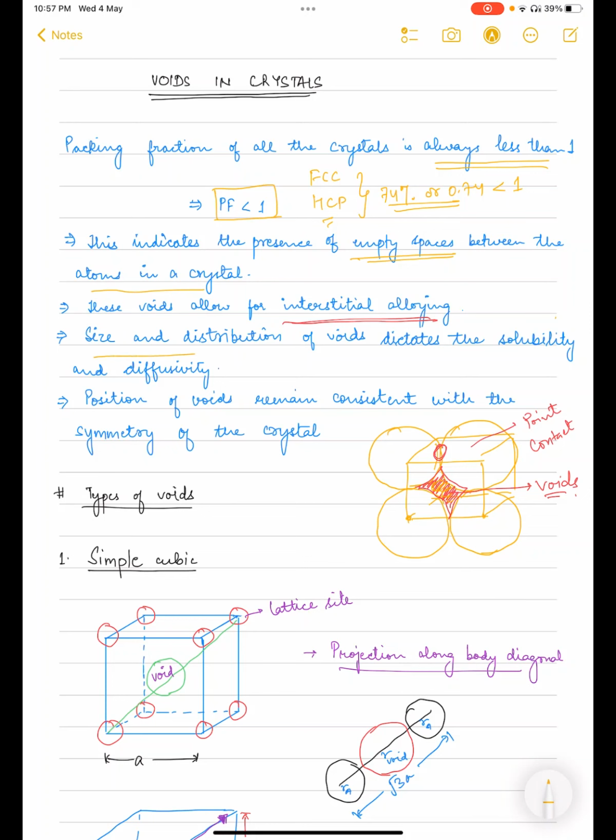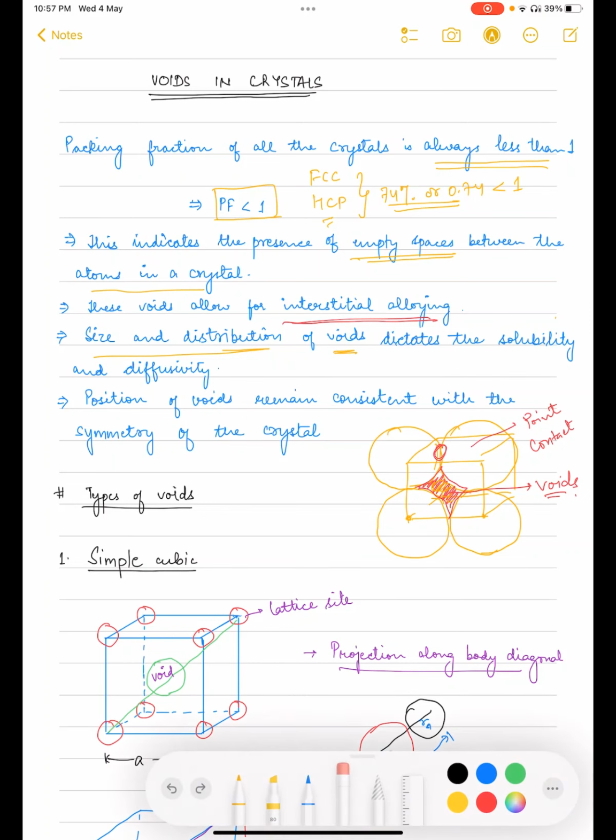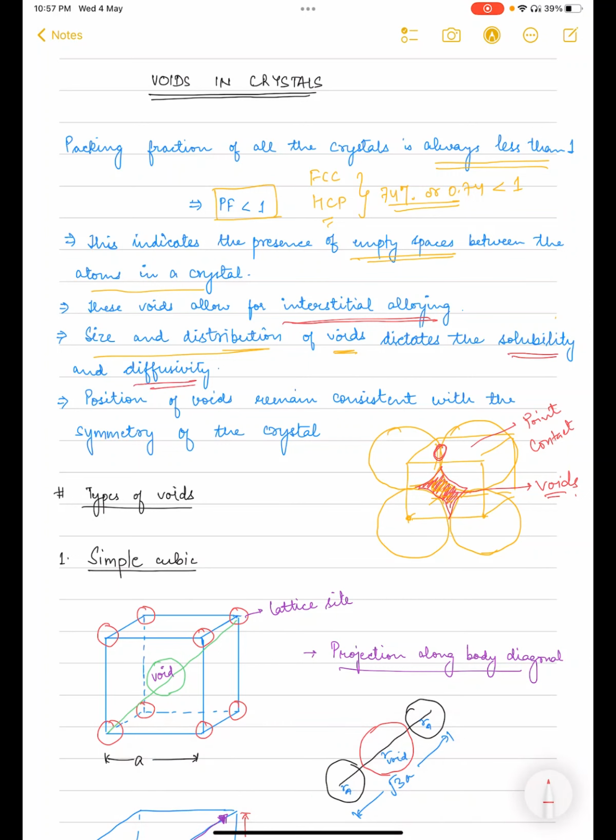Now, the size and distribution of these voids dictates the solubility and diffusivity. So, the larger the void, the larger will be the solubility of the foreign elements and the higher will be the diffusivity, because then the atom of the foreign element will have larger space to accommodate itself.